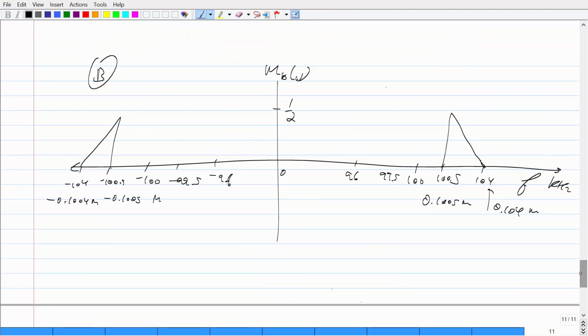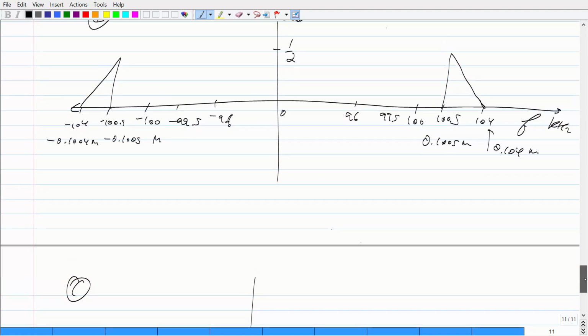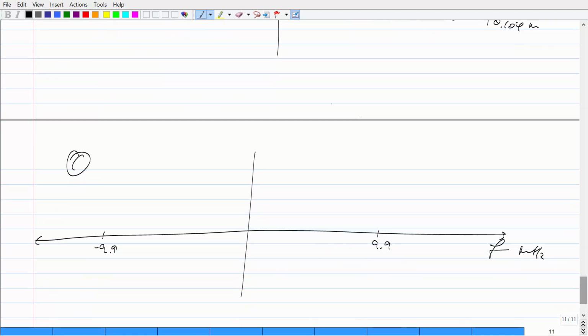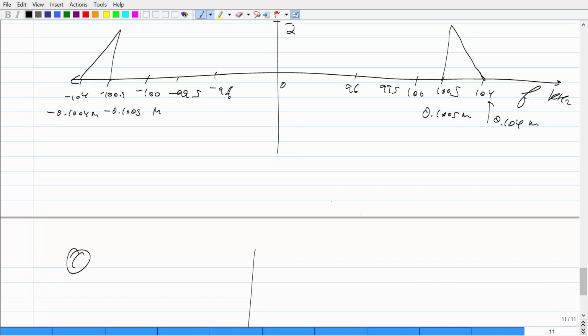Now I have to take this and shift it left and right by this much. So I need to shift this by 9.9.